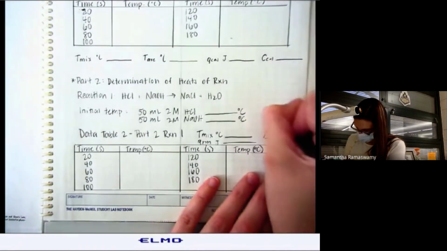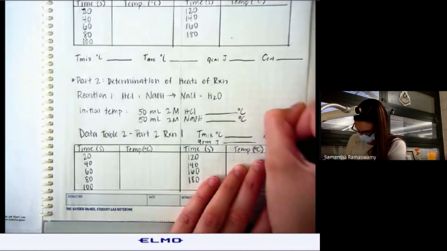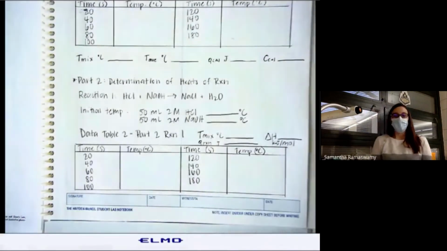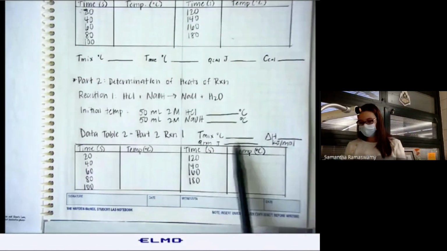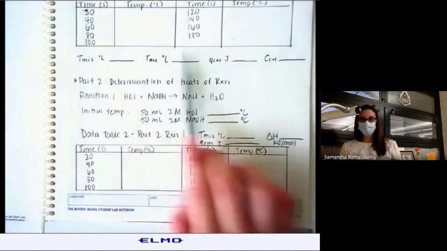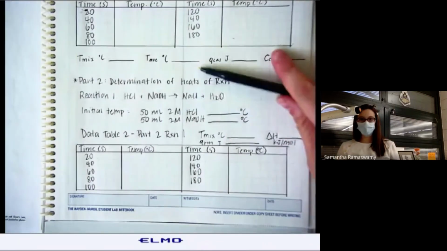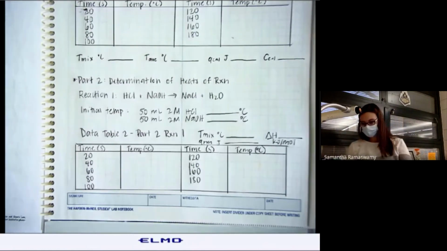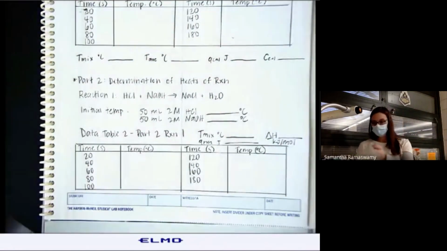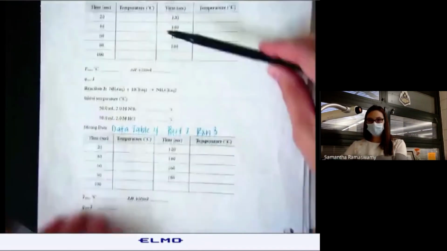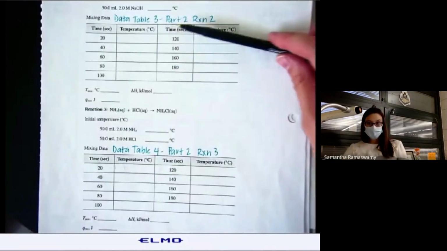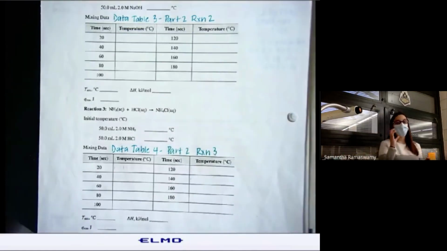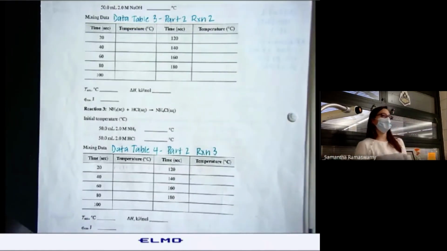And then we'll have delta H in kilojoules per mole. So again, these 3 numbers would go underneath my data table. If I would have moved this up 1, I would have had space. And so then, again, you'll have data table 3 with your title, data table 4 with your title, and then that will get drawn in your data and observations as well.